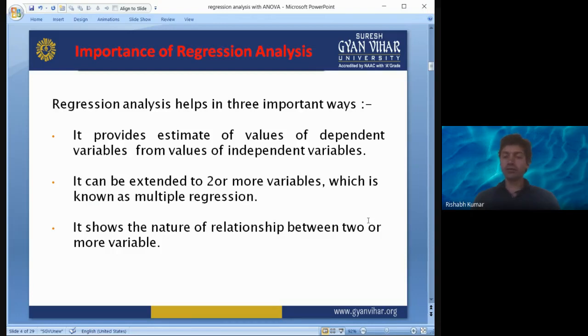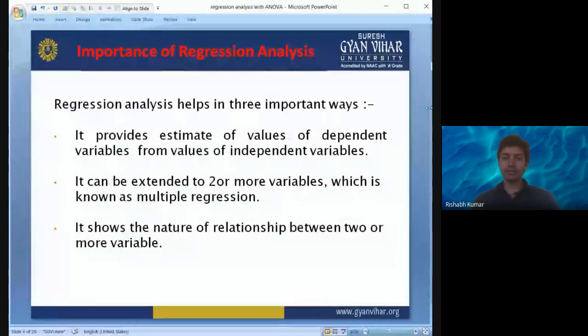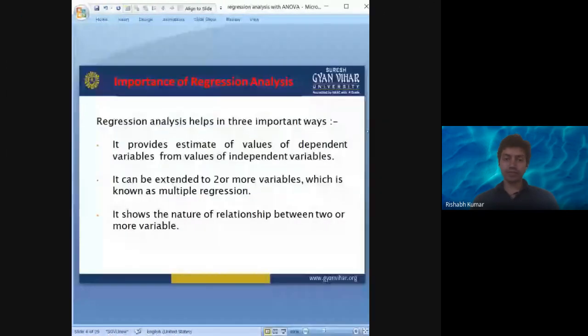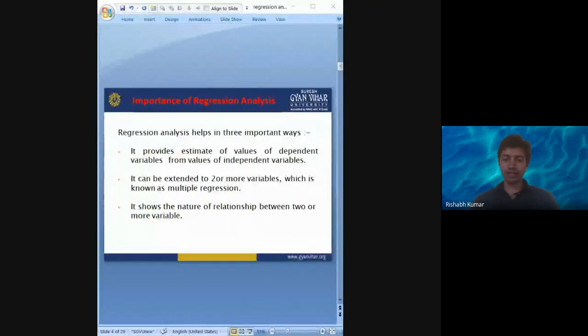So we have to first find out the trend. Suppose we have data about the previous 30 years of rainfall. Then we will see what the trend is in that data.